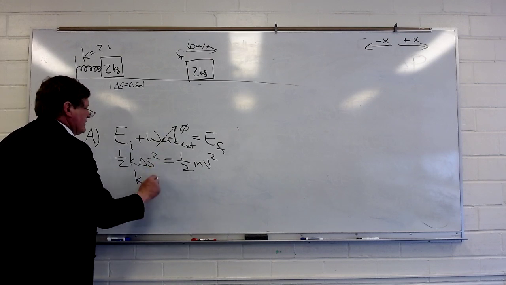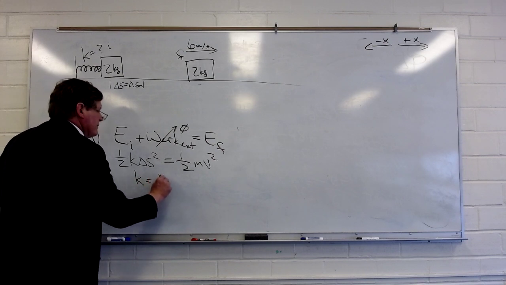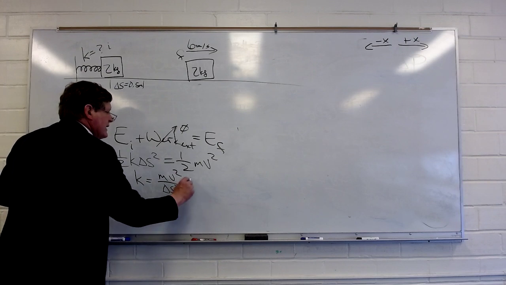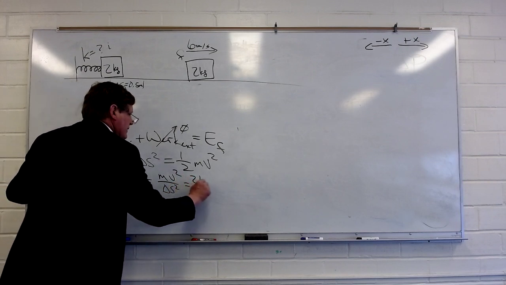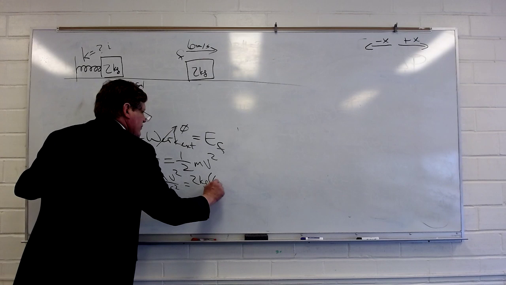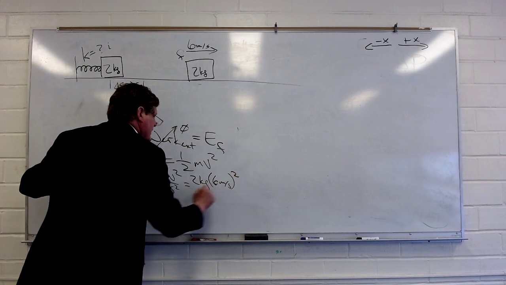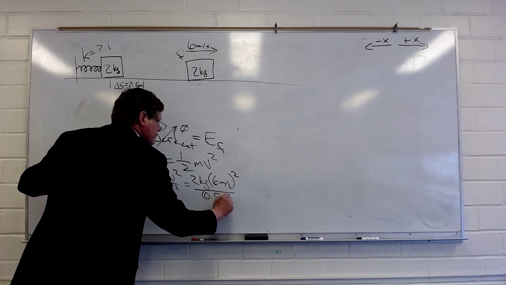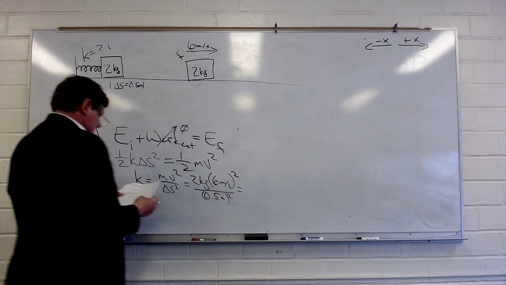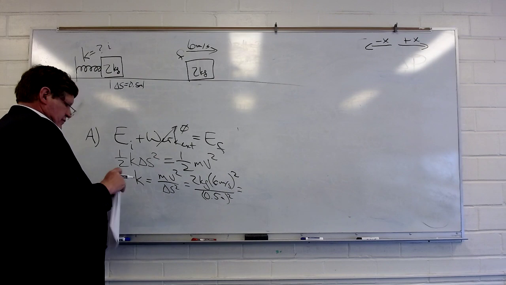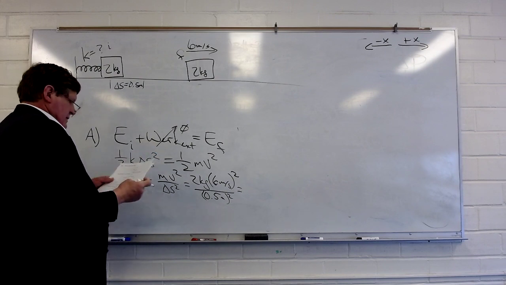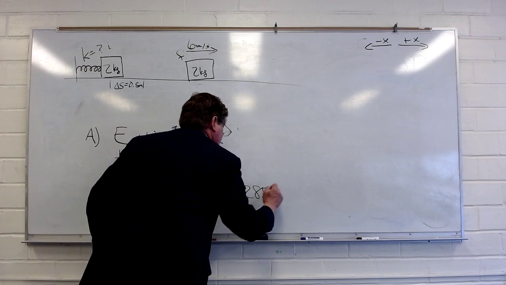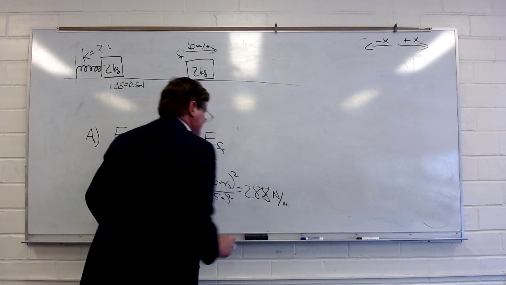The halves cancel, and this is just going to be m v squared over delta S squared. And if I plug that in, it's going to be 2 kilograms times 6 meters per second, squared, over a half meter, squared, and that gives me, I believe, 288 newtons per meter.